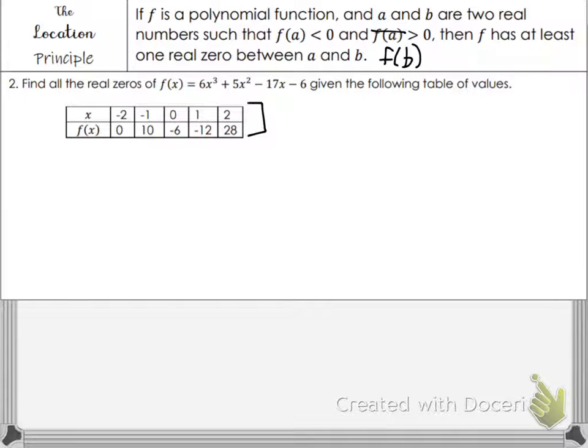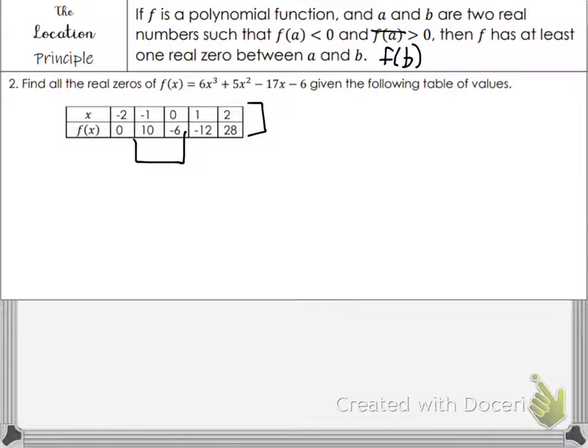Well, let's look at the first two. -2, -1. Is the first one negative and the next one positive, the y values? No. One's 0, one's positive, right? What about between the next two? Is the first one negative and then the second one positive?